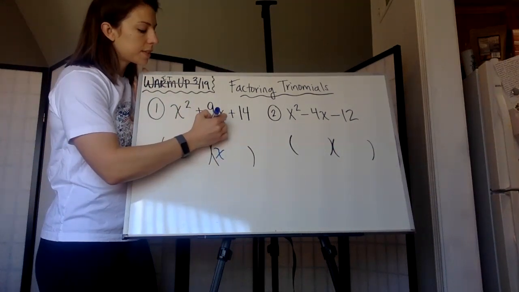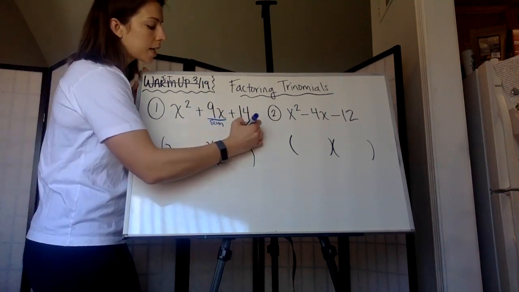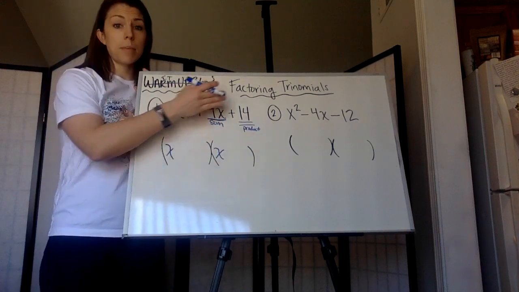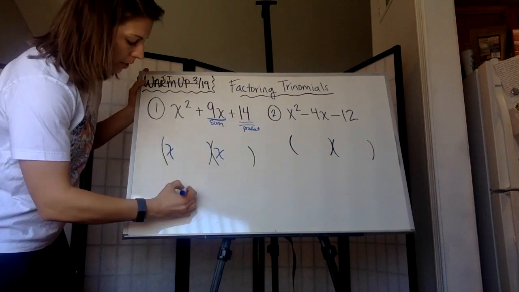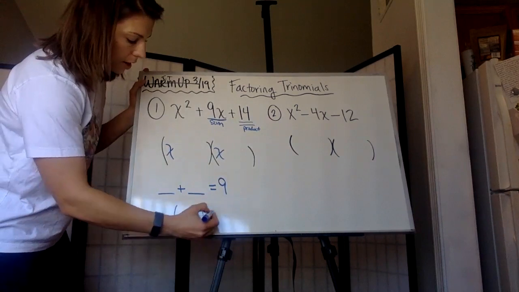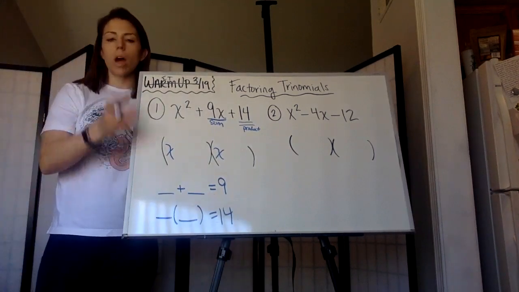What 2 numbers have a sum of 9 and a product of 14? Don't try to think about the sum, think about the product. So off to the side, maybe you're thinking what plus what equals 9, that when I multiply them together equals 14. Product of 14.